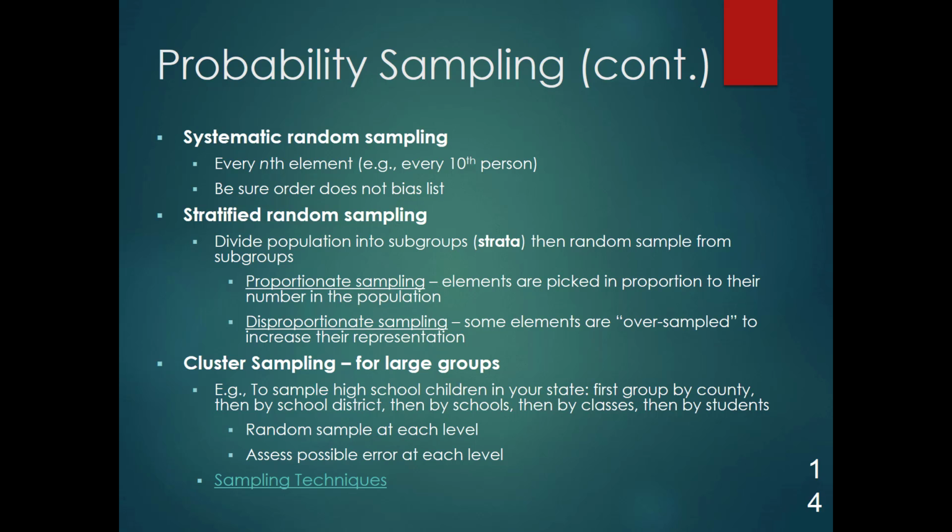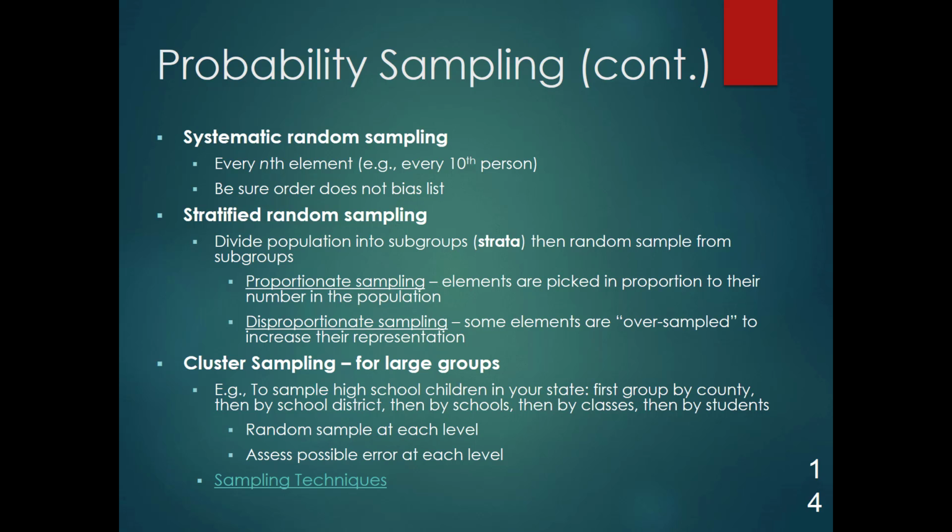There are two different types of stratified random sampling: proportionate sampling and disproportionate sampling. With proportionate sampling, the proportion of each stratum in the sample corresponds to its respective proportion in the population. So elements are picked in proportion to their number in the population. With disproportionate sampling, the size of the stratum is not the same as the proportion it constitutes in the population.